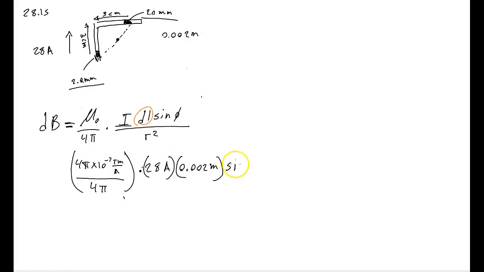And then it is sine of phi, which is the angle produced from the wire to the point. And that's this distance, just like this. Right here is the same thing.